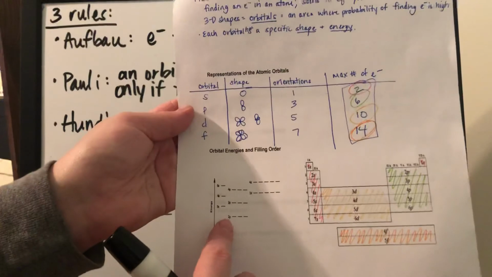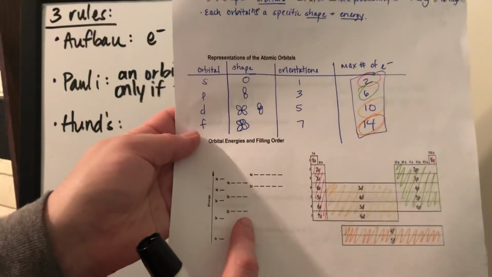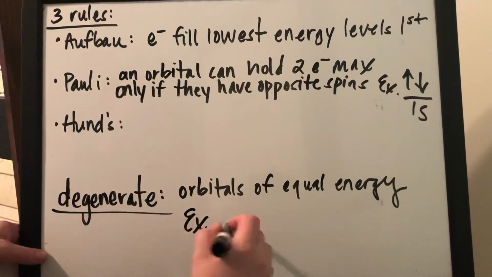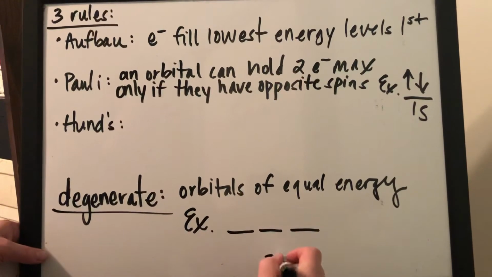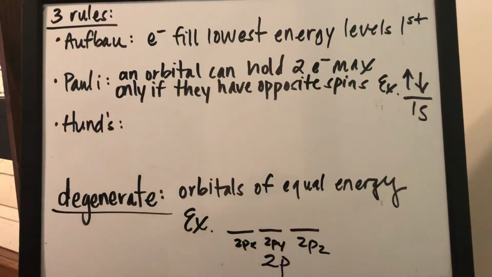But if you look at the 2p, there's the px, the py, and the pz that all have exactly the same energy. So a perfect example of degenerate orbitals are the 2p, the 2px, the 2py, and the 2pz. Okay, so all of these orbitals have exactly the same energy.